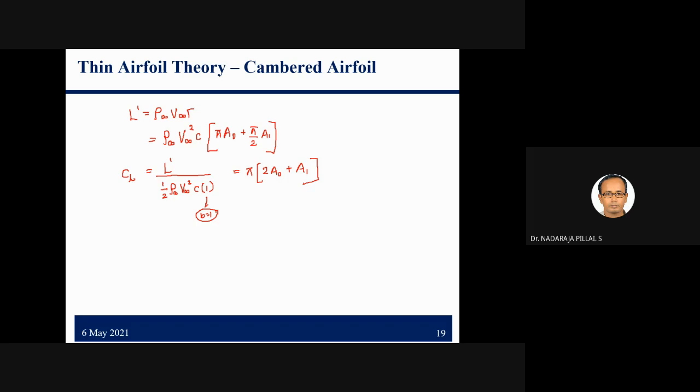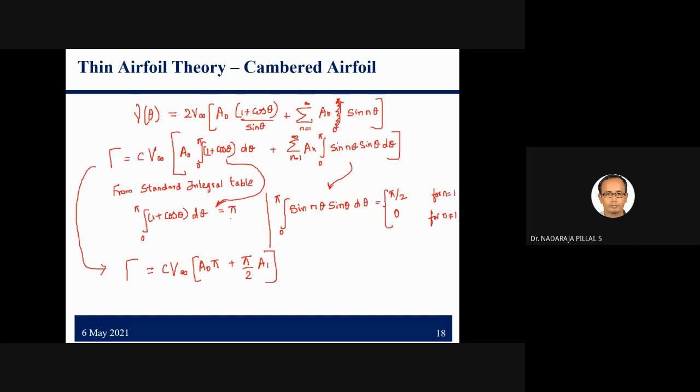Right. So that means that CL is equal to pi into 2. We already know A naught, right? What is A naught? Alpha minus 1 by pi integral 0 to pi, right? We know already A naught.